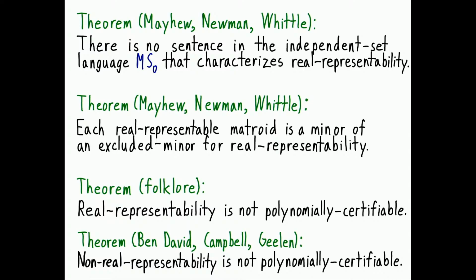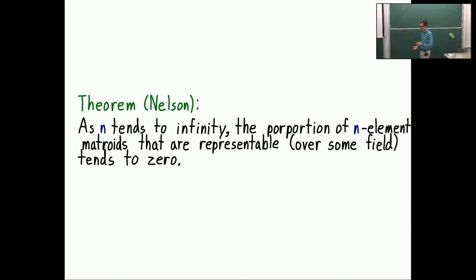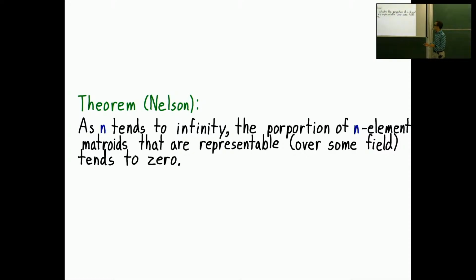I'm glad you asked that question. So Nelson showed that as you go to infinity, the proportion of matroids that are representable over some field tends to 0. So with how everything was proved, that makes sense. We're using something that dominates the class of matroids in general.